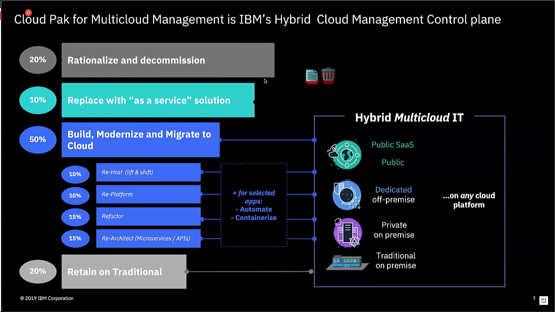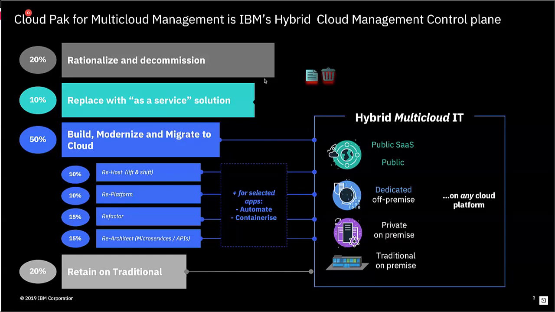And if you look at what really is it managing, this is a pretty typical transformation most of our clients do. They try and decommission a lot of the old stuff which they had, about 20%. They try and replace a lot of it with SaaS so that they are not dealing with non-critical items. And then the rest of half of it, they try and modernize and migrate to cloud, right?